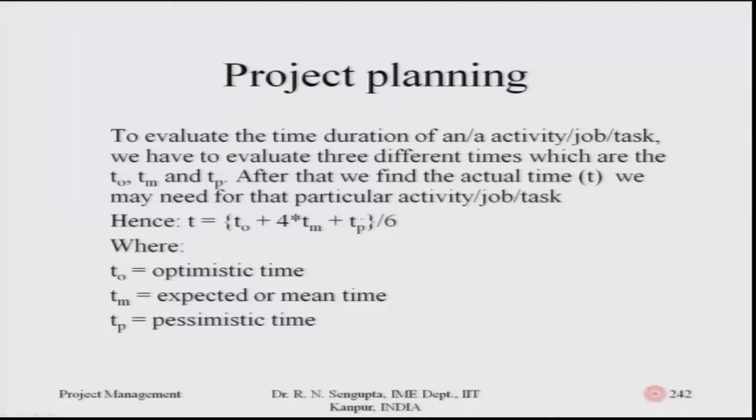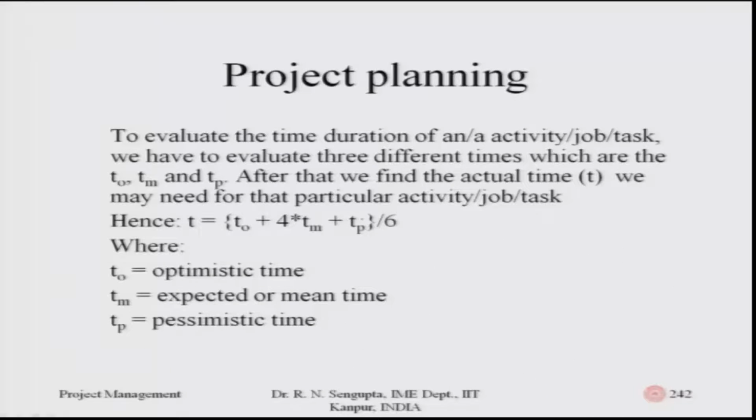So the weightages we give to the times are 1/6 for the optimistic time, 1/6 for the pessimistic time and 4/6 for the mean time. This is the beta distribution based on which we proceed to find T, which is used for all our calculations. And similarly, we can find out the variance also if required.